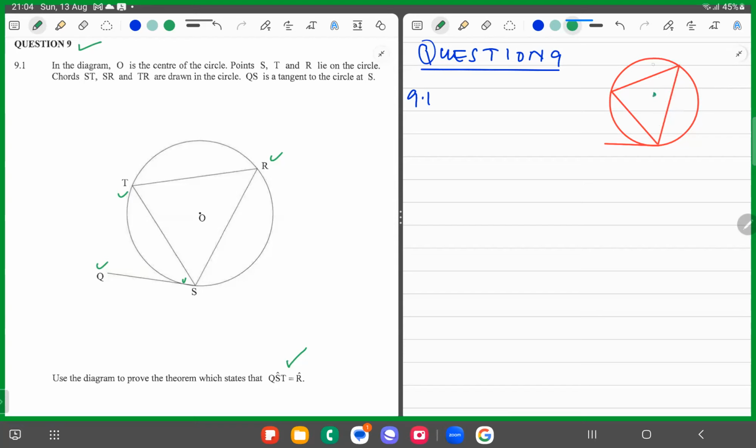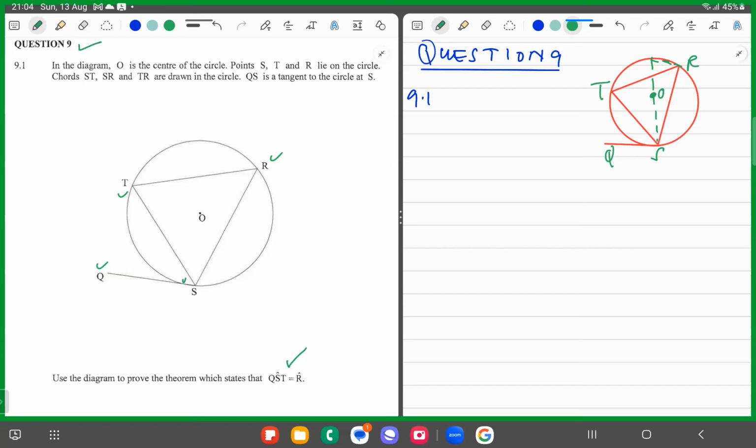This is the center, and then we construct like this. So this is T, this is R, this is S, and this is Q. This is the center O of the circle. Right, so we have this.